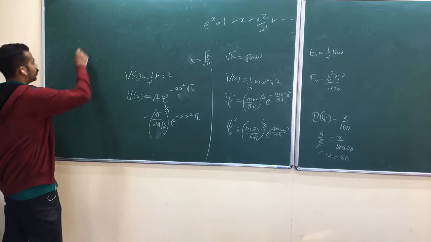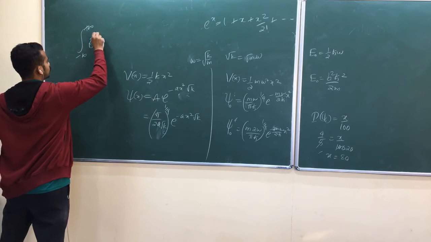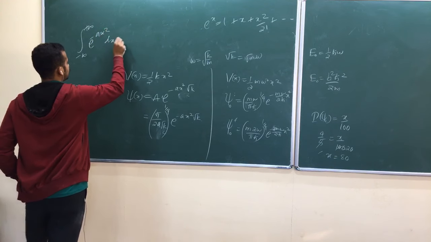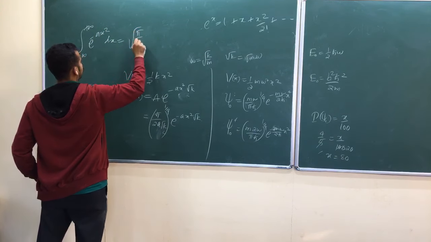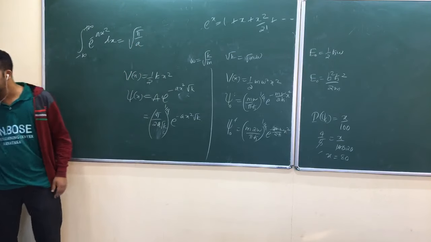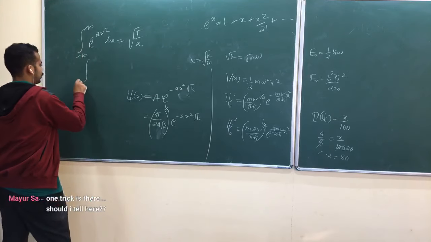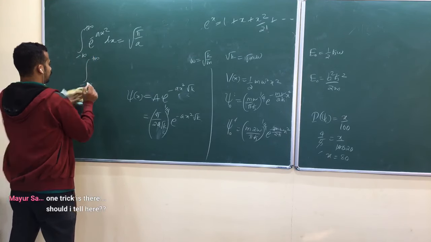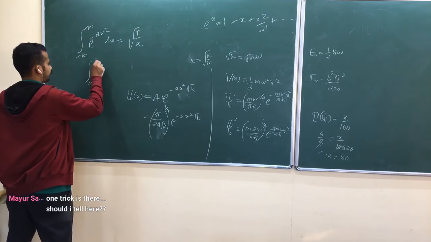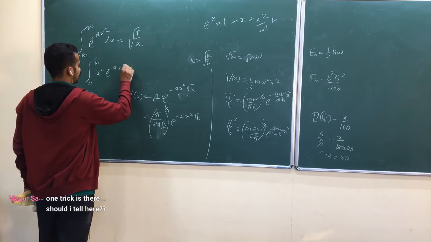Just check it out. I hope you remember this one: integral from minus infinity to plus infinity of e power minus a x square dx. What is this one? Root of pi by coefficient of x square. Okay, shall I list out the other integrals that you need to remember? 0 to infinity x raised to n e power minus a x square dx.